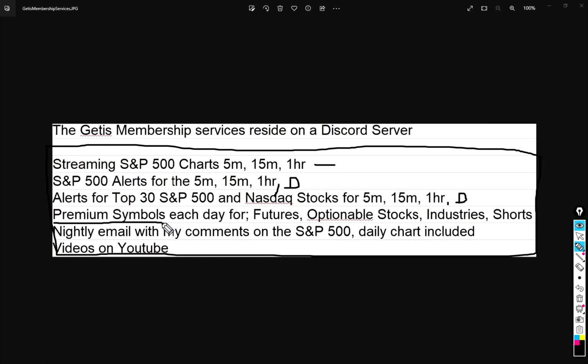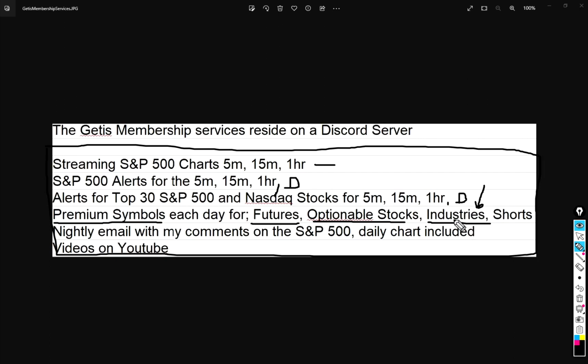Okay, the premium symbols. The same Get Us Plus logic I use on the streaming charts is also used at the end of each day and goes out and gets the symbols for the futures, stocks that are optionable, industries as well. So this also includes sectors and subsectors, because we know funds rotate their money, right? Some of my members like to follow what the big funds are doing.